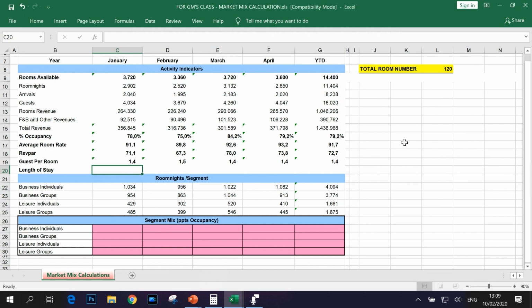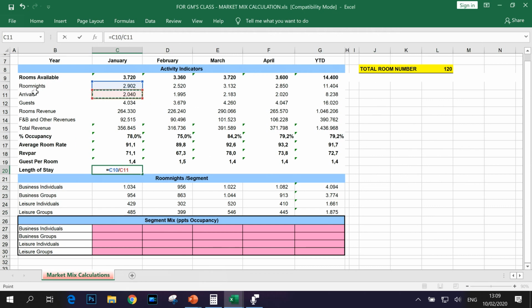For January, the length of stay equals, we need the total room nights sold here, and then we will divide this total room nights sold by the total number of arrivals.